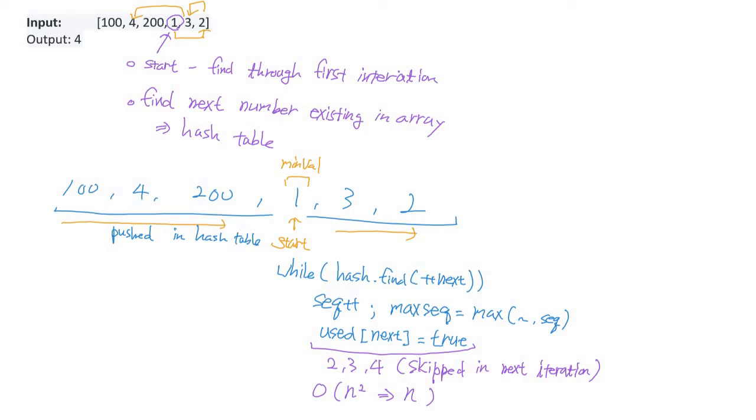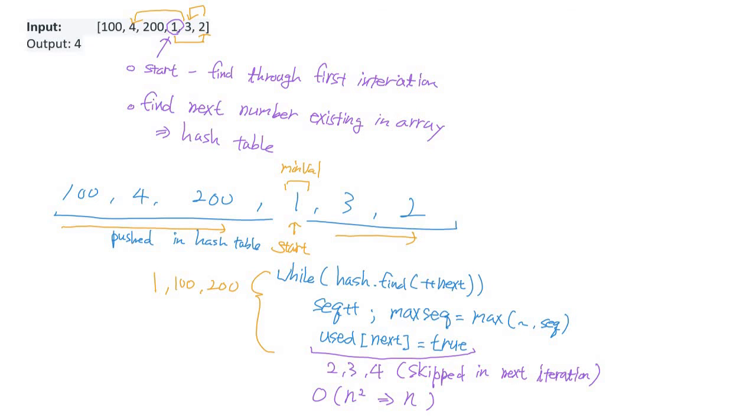With this idea, we can get the O(n) time complexity by skipping these found numbers in the previous iteration. So we do this while loop operation only for number 1 and 100 and 200 by skipping numbers 2, 3, 4 already used in the first iteration.